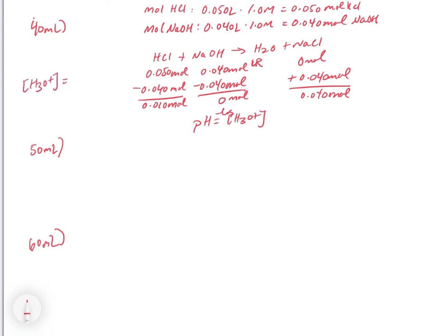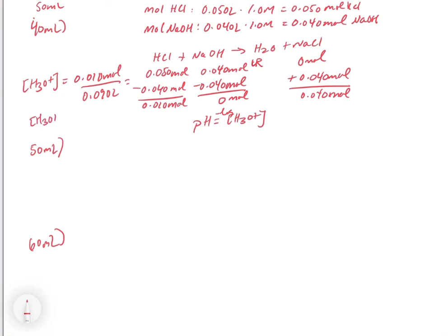So to get my concentration of H3O+, this is going to equal 0.010 moles, which is my moles of HCl, divided by the volume, and that's going to be a total of 90 mils. So I have my 50 mils of the acid that was there plus my 40 mils of the base. So this is 0.090 liters.